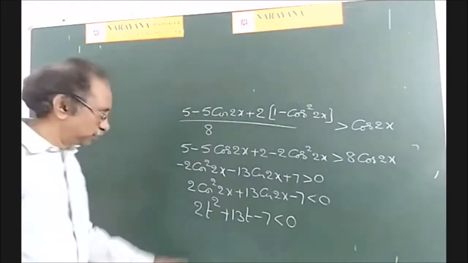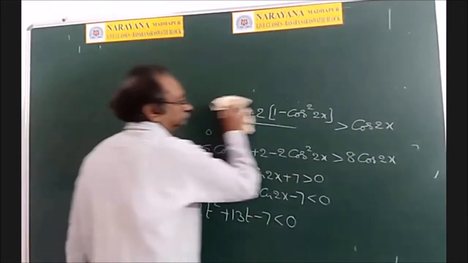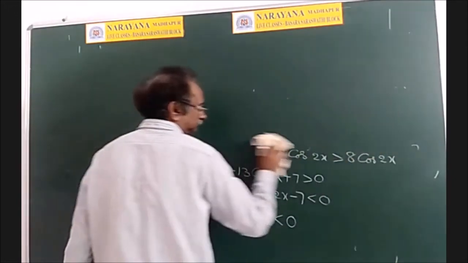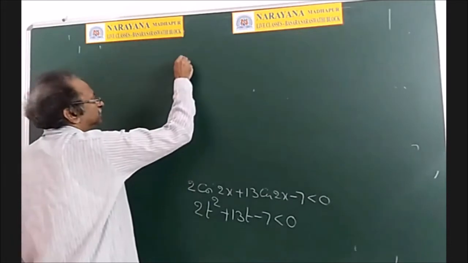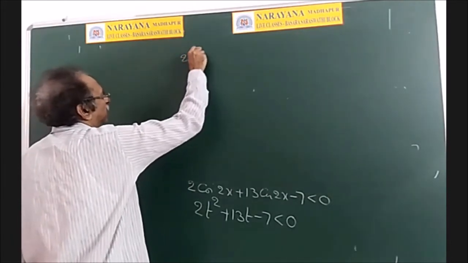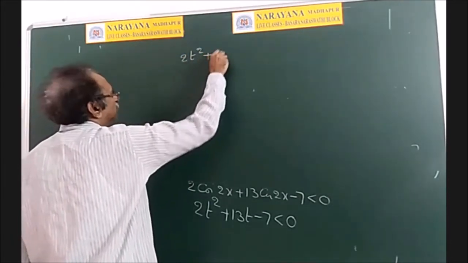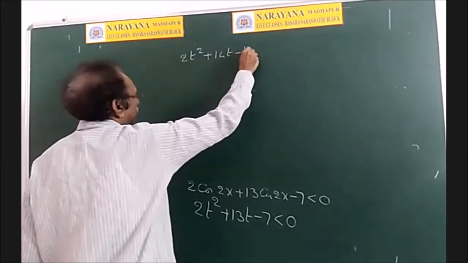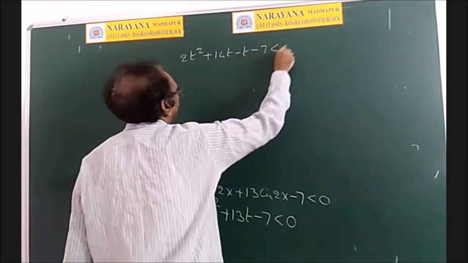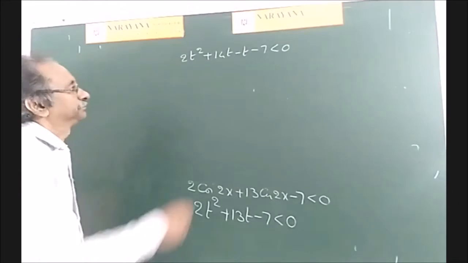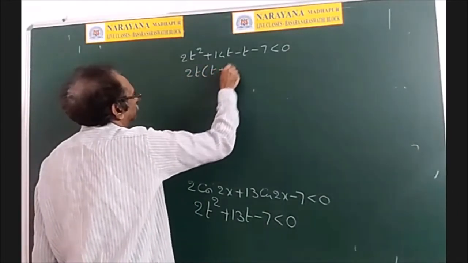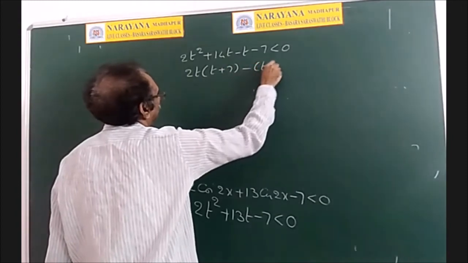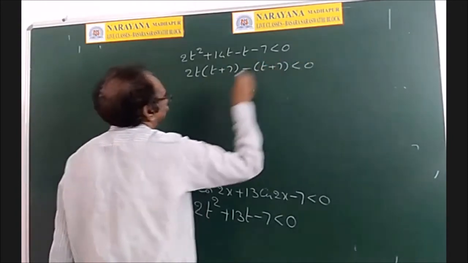And now coming to this inequality. So, how to factorize this? Now, 2t square plus 14t minus t minus 7 less than 0. That is 2t into t plus 7 minus of t plus 7 less than 0.